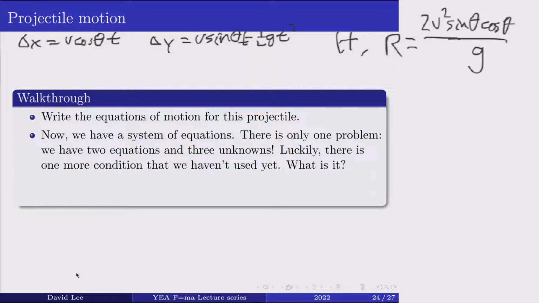So we imposed another condition, which is that delta y is equal to 0. But now, if we want the maximum height, delta y is no longer equal to 0, so we can't just use that equation. But there is a different equation that we can write when it's at its peak height. And so what is this equation?